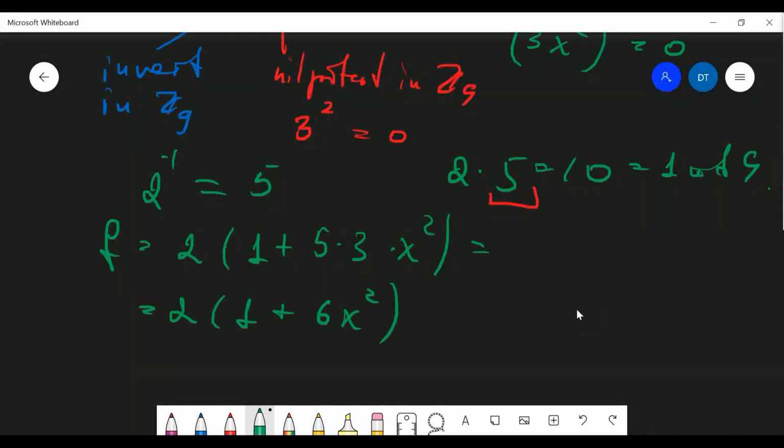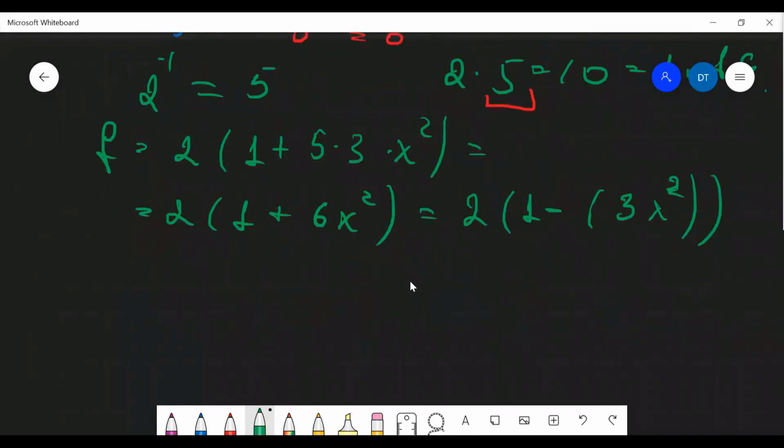Okay? And we can even rewrite this as 2 times 1 minus 6x squared. And minus 6 is what? Is 3. I just want to rewrite it like this. And now if we want to take the inverse element of f, this will be the inverse element of 2 times the inverse element of this guy.